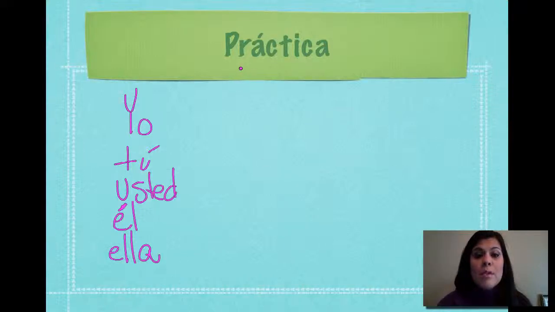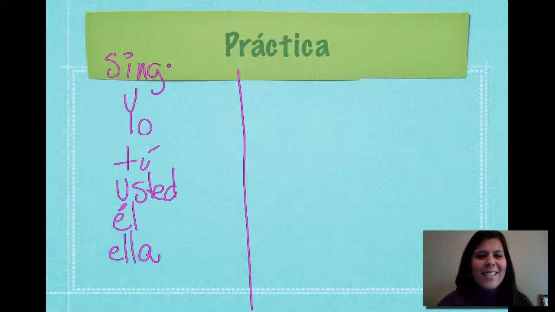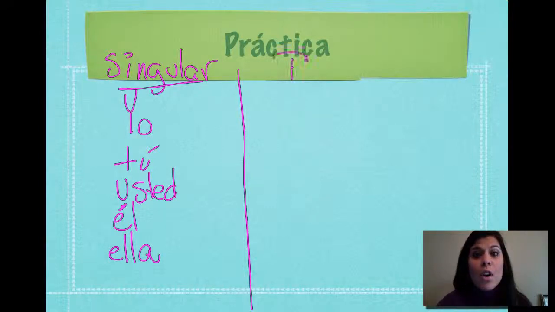And then I'm going to do that line here again. And remember that we are done with our, what side? Correct. Singular side. And now we're going to work on our plural side. For we, we had two options.